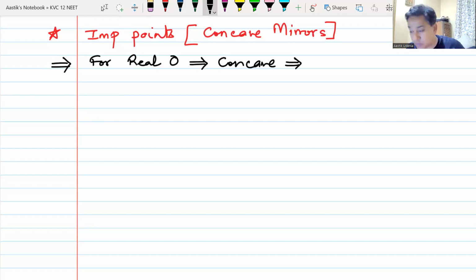The answer you already know. You just have to give it to me in short. What type of image can a concave mirror form for real objects? You have already seen that. No answers? I wonder then what we have written.